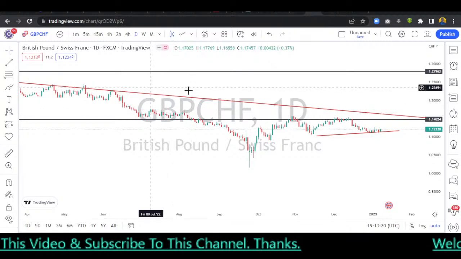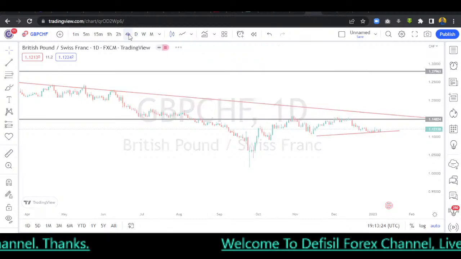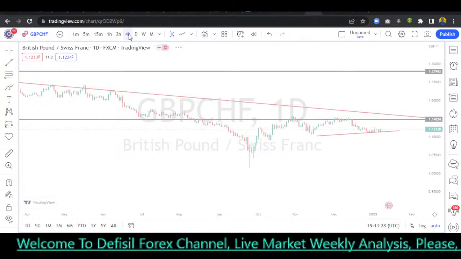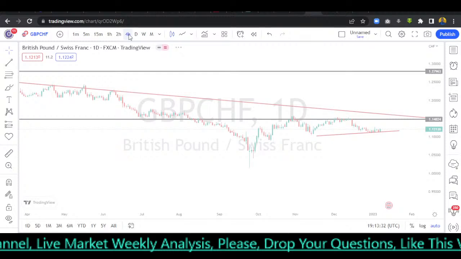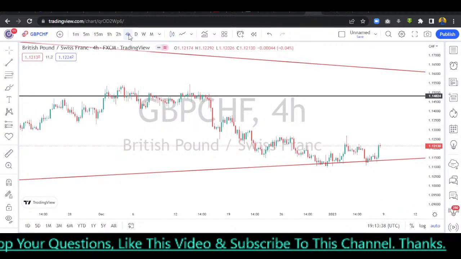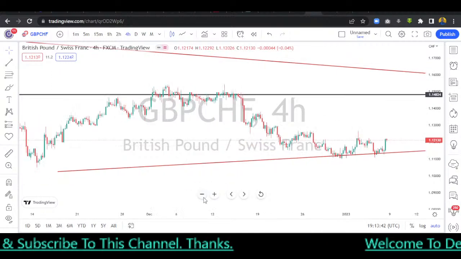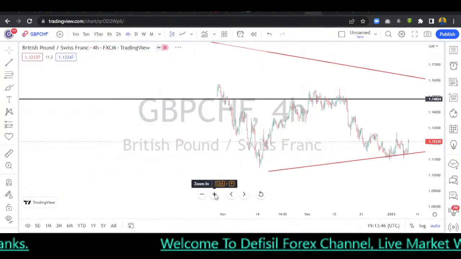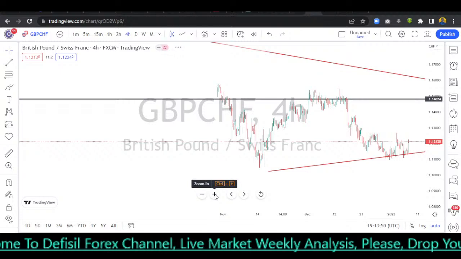For us to see the picture on a smaller note, we go over to the 4-hour time frame and see what's happening there. Okay, this was happening on the 4-hour time frame on GBP CHF.